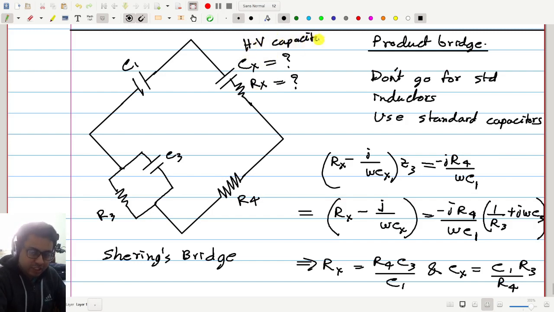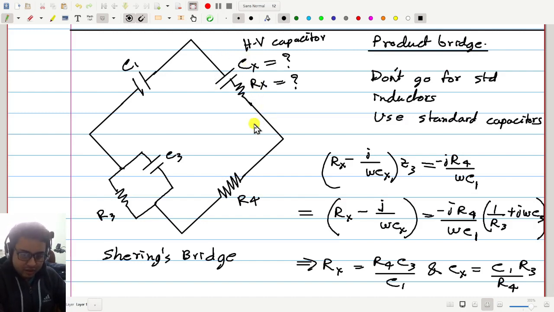It is supposed to be used under high voltage applied across the two terminals, and therefore we should also measure it under high voltage applied across it, because if we measure it with a low voltage, that measured value may not be the same as its behavior under high voltage.